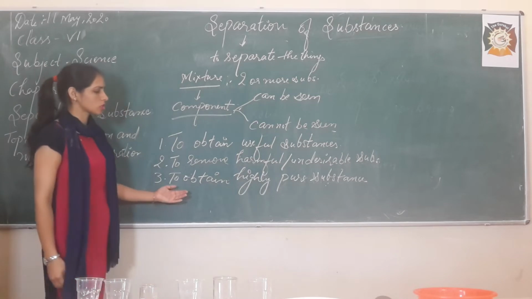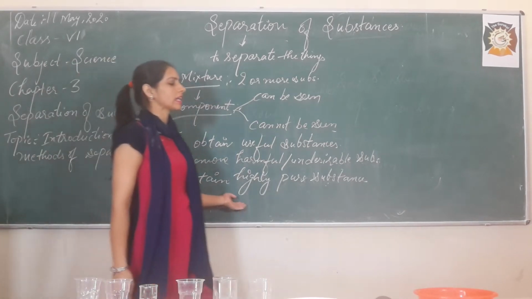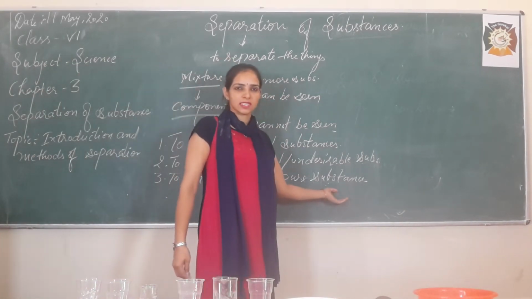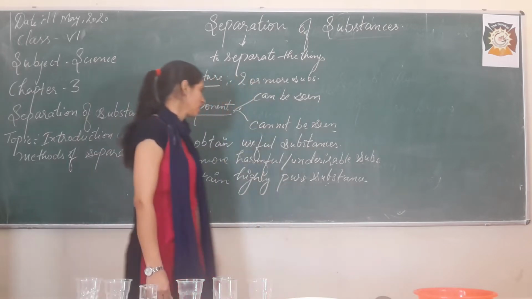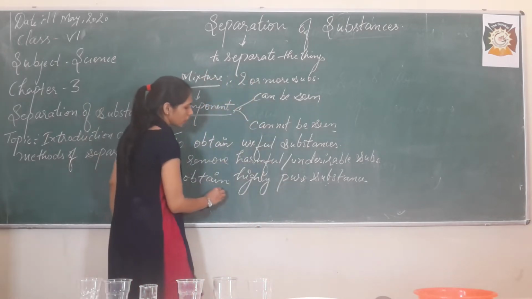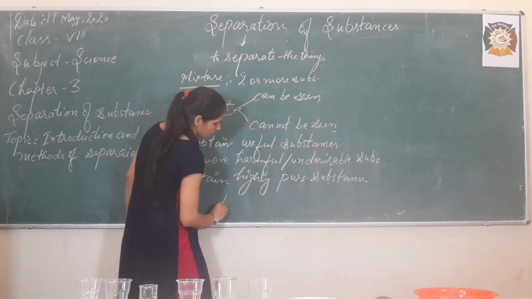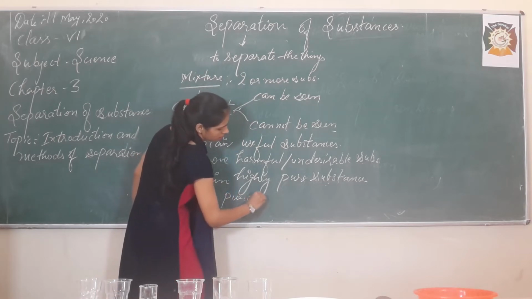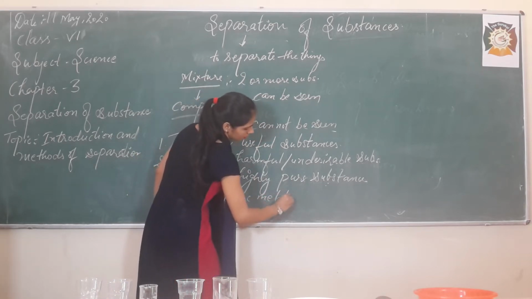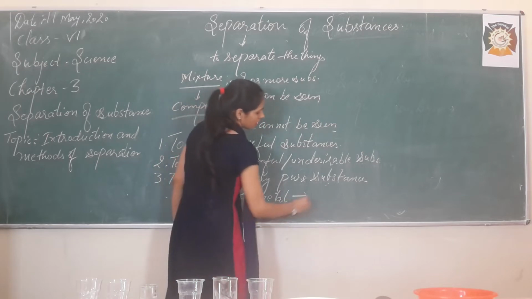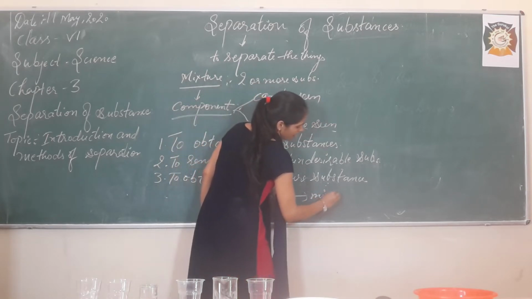And the next, to obtain highly pure substance. How is this done? For example, you obtain pure metal from its mineral form.